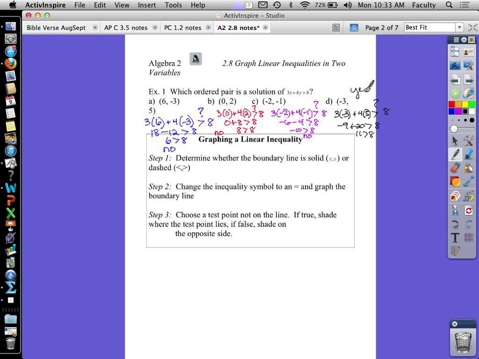Something I want to mention is that we have these beautiful notes. The notes are reference materials for you. So when you're doing your homework and you think, I'm stuck, reread your notes. We have everything on there that you need. With every problem where you are graphing a linear inequality, you should be going through step 1, step 2, step 3, over and over again.